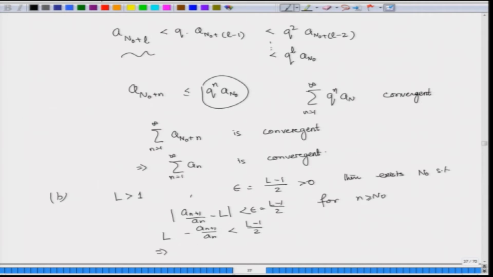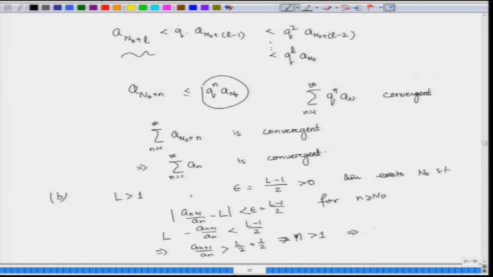This implies that a_{n+1} by a_n is greater than L by 2 plus 1 by 2, which is strictly bigger than, let us call this some m, which is strictly greater than 1.